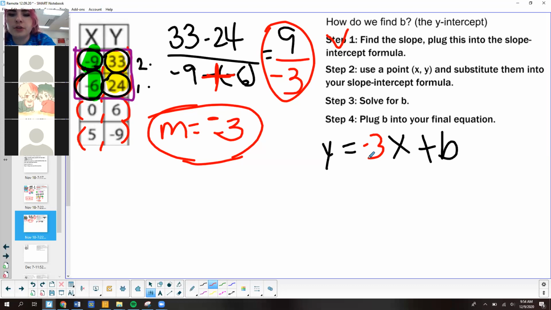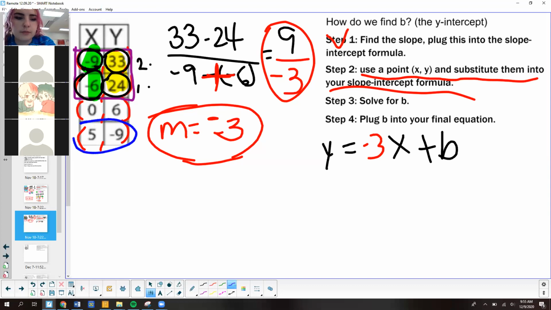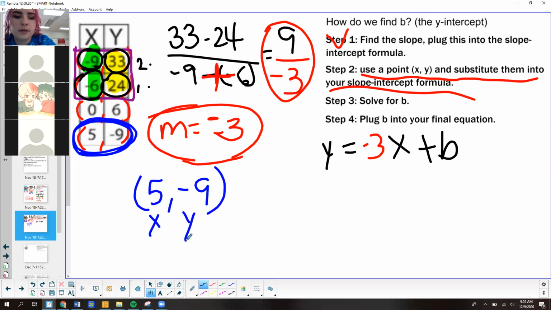So next, step 2, use a point x comma y and substitute them into your slope-intercept formula. So we're going to pick a point from a graph or from the table. You can use any point on this table. I'm just going to pick this one because why not? So I'm going to pick 5, -9. Remember, we write these in X, Y format.